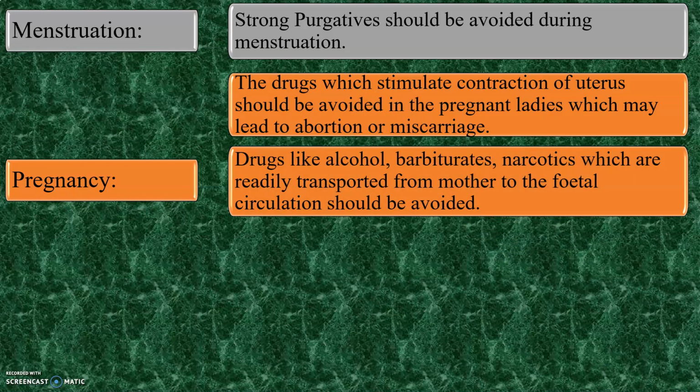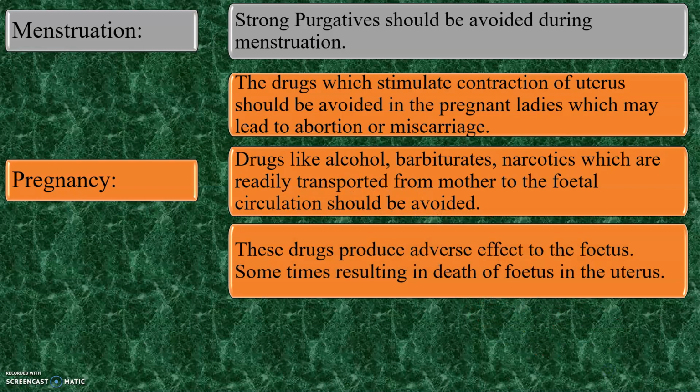Drugs like alcohol, barbiturates, narcotics, which are readily transported from mother to the fetal circulation, should be avoided. These drugs produce adverse effect on the fetus, sometimes resulting in death of fetus in the uterus.